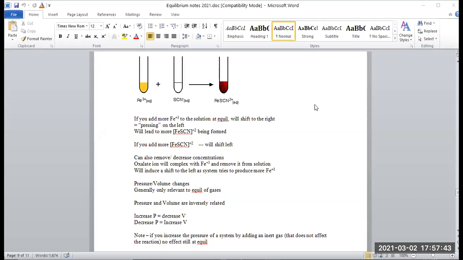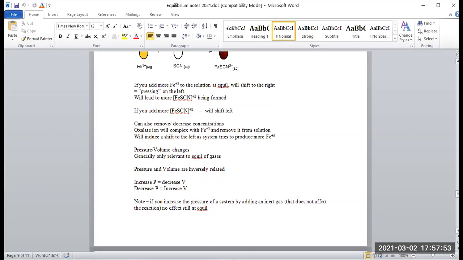Pressure and volume don't have a great deal of an effect on things that are aqueous or solutions. They do have a relatively large effect on equilibrium when we are talking about gases.